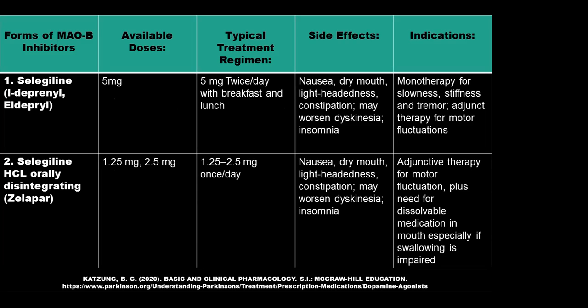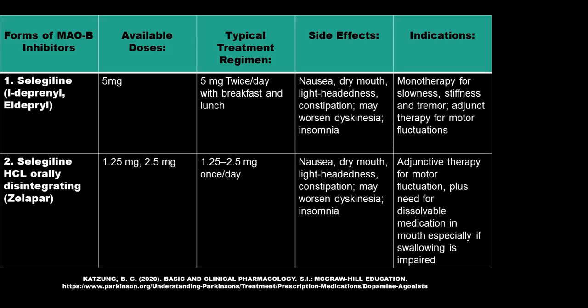So these would be the forms of the MAO-B inhibitors. The first one would be selegiline. The common brand name would be L-Deprenyl, while the generic name would be selegiline hydrochloride. Selegiline is used as a monotherapy or as an adjunct therapy for motor fluctuation.